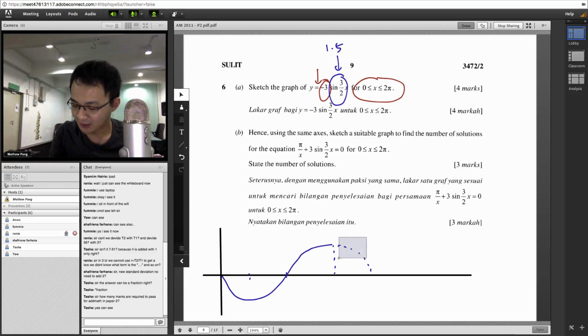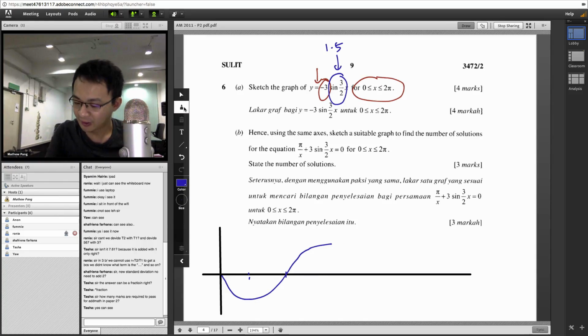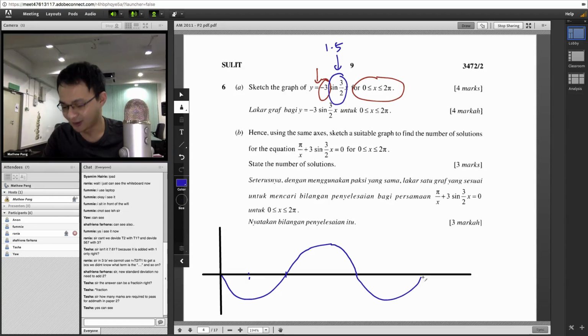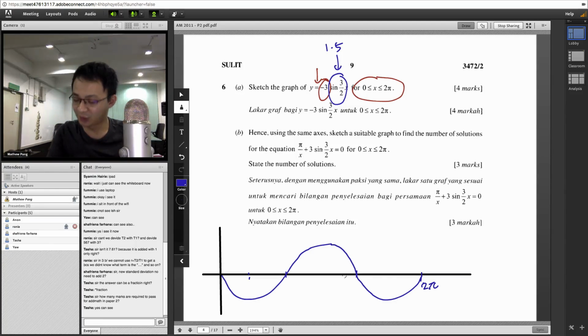Yes, let me just erase this part over here. Okay, 1.5 means you should have one cycle and another half cycle. Yeah, this is 1.5 cycle. So basically you have 2 pi here, but you have to divide it into 6. So the middle here should be pi. Then pi you will divide into 3, so this one should be pi over 3, this one should be 2 pi over 3.